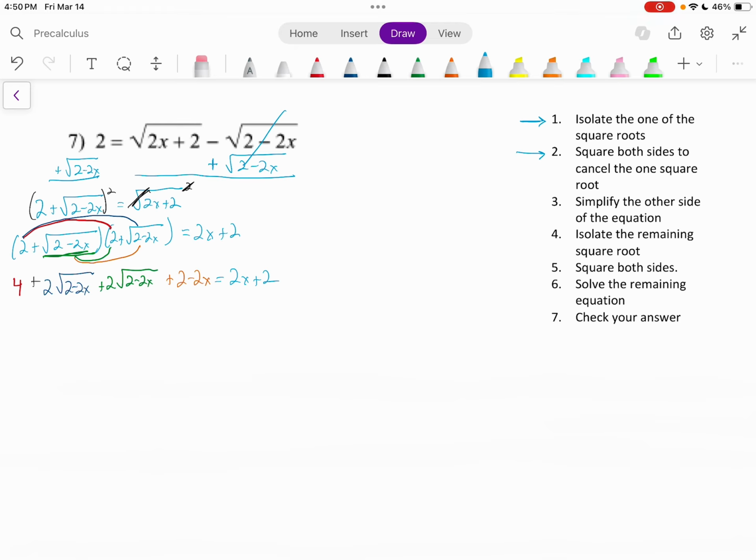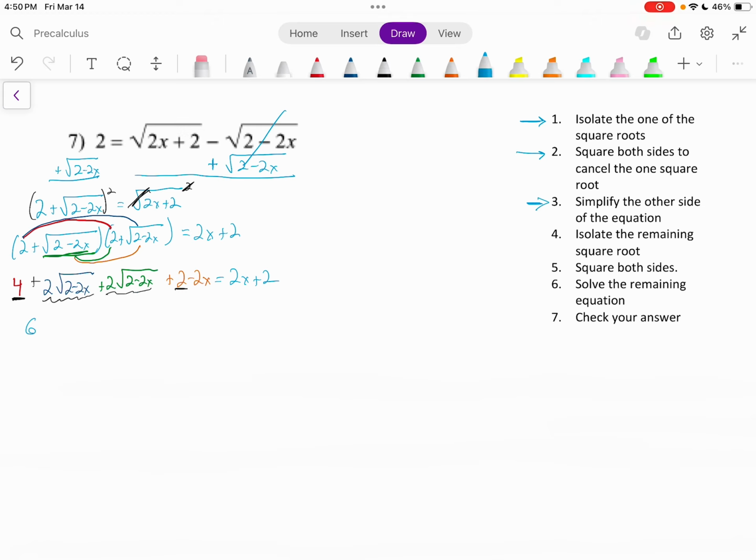Actually we kind of did this too, or we're partway through this. Simplify the other side, so we squared it. Now we're going to simplify so we can add like terms here. So we have 4 plus 2 is 6. These two square roots are like square roots, so we can add those together.